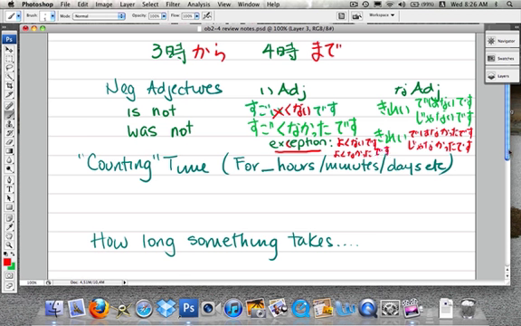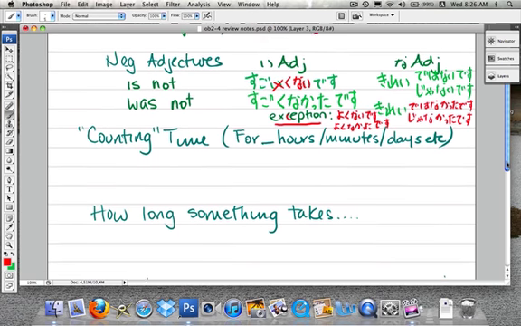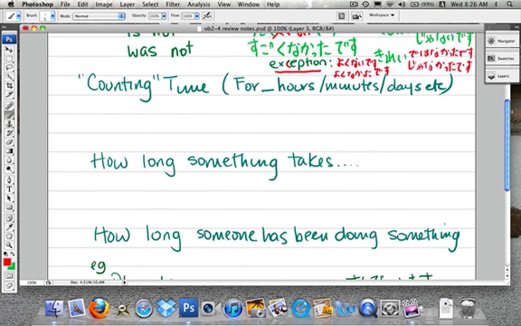Another big concept that we looked at in Chapter 4 was how long. The idea of for some hours or for some minutes or for some days. Generally when we do this, it involves the addition of a couple of words onto the end of your time word. So I'm going to look at months, minutes, hours, and let's look at years.